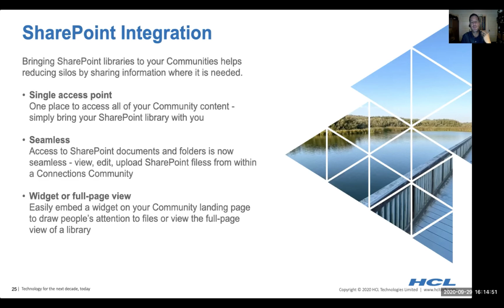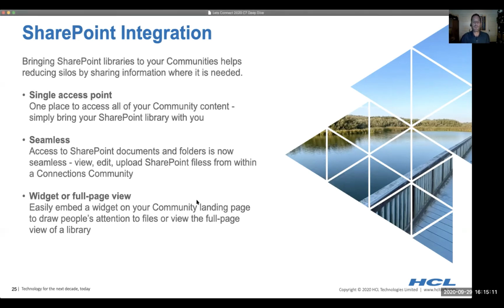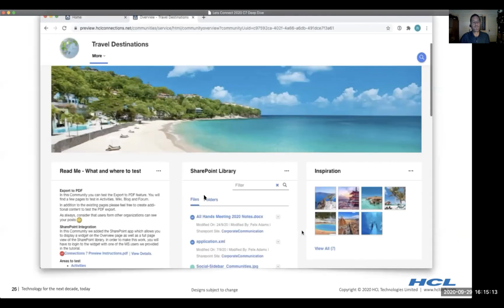So you'll have that single point of access starting in the community, but you have a list of documents somewhere in a SharePoint site. You can bring that into SharePoint, and you can do it in two ways. You can have a widget on the highlights page, or you can have a full page view to get to that library. So let's take a look.